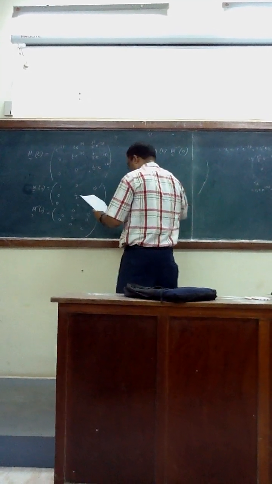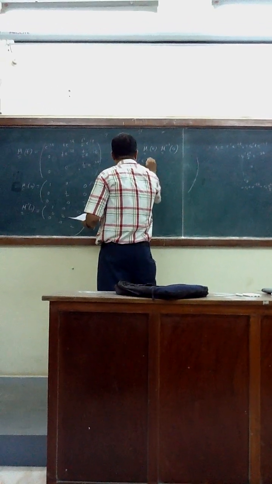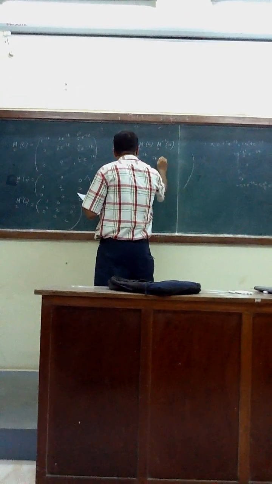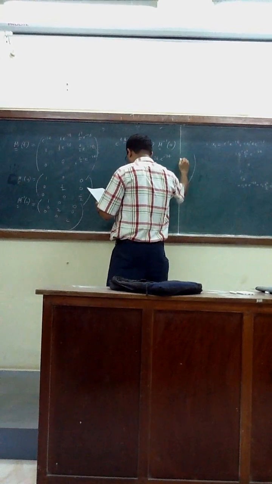Next is 0, e to the power minus 3t, t e to the power minus 3t. 0, 0, e to the power minus 3t.